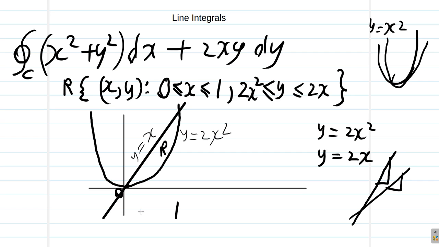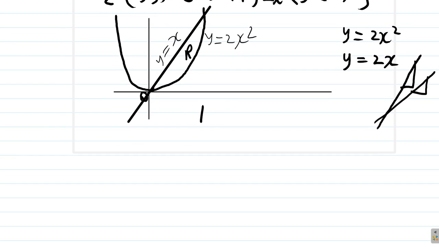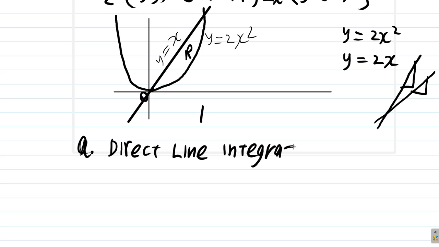Now, here, what we're going to do is for part A, we use direct line integration.